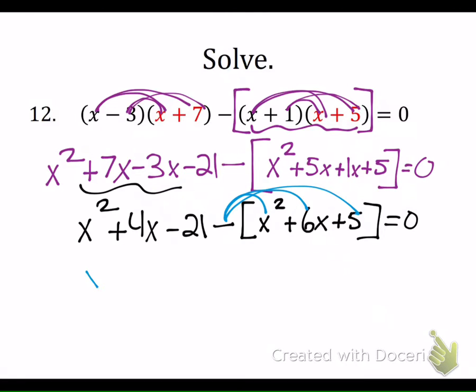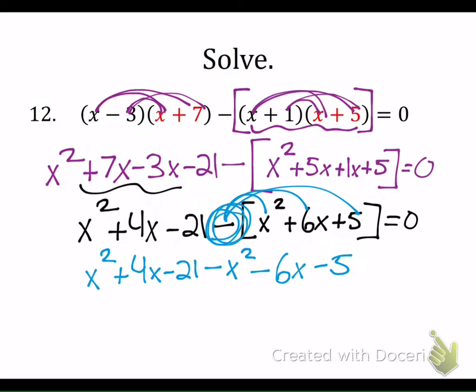So I'm going to rewrite it all: minus x squared, minus 6x, minus 5. If those were subtraction signs in the brackets, they would become plus signs. The minus changes all the signs in the brackets.